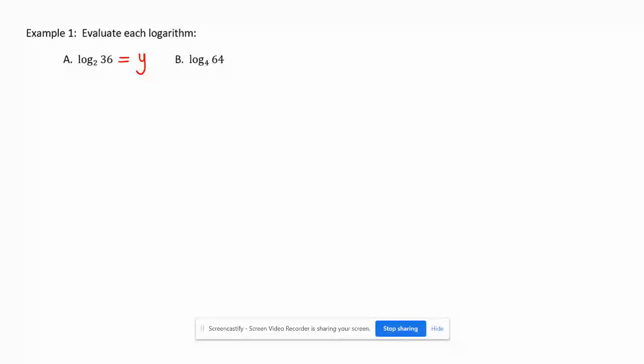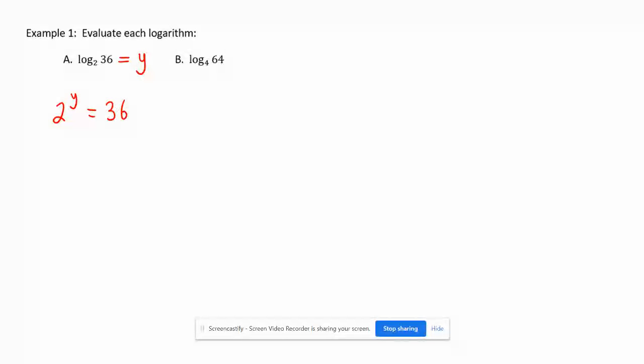When we say evaluate each logarithm, this means our base is 2, and we're just going to convert it into exponential form. Our base is 2, y is our exponent, and our answer, or our argument, is 36.